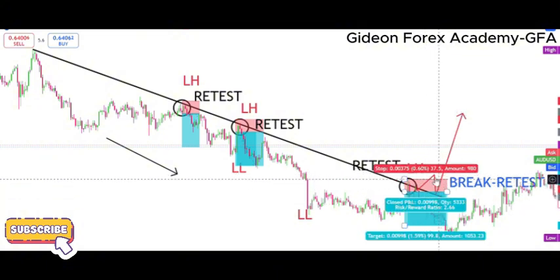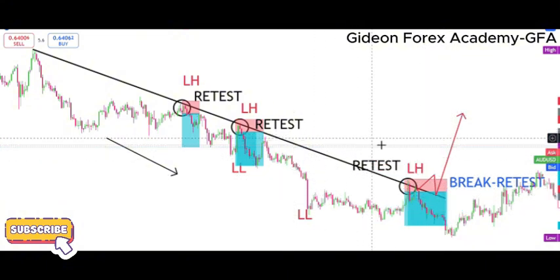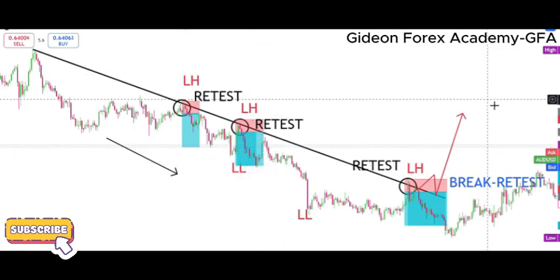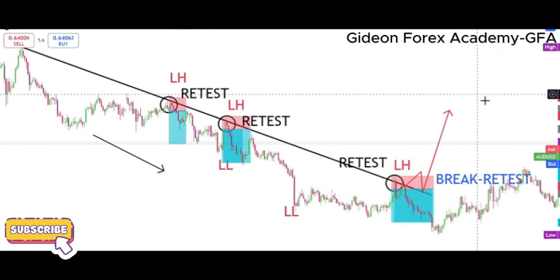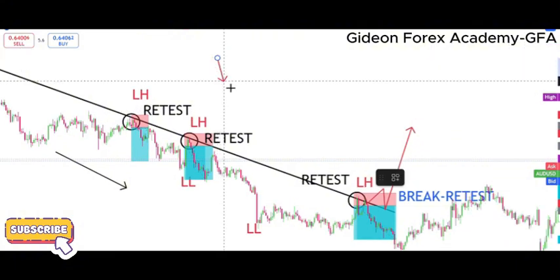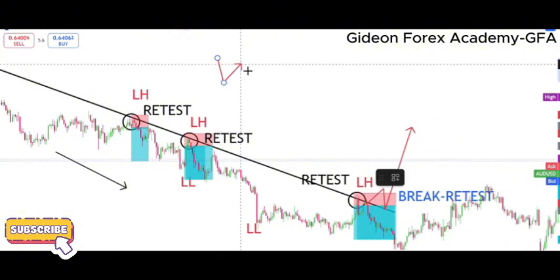I'm also going to show you the mistake that traders sometimes make when trading this and that costs them money. Let me show you how that works. Say this is a downtrending market.